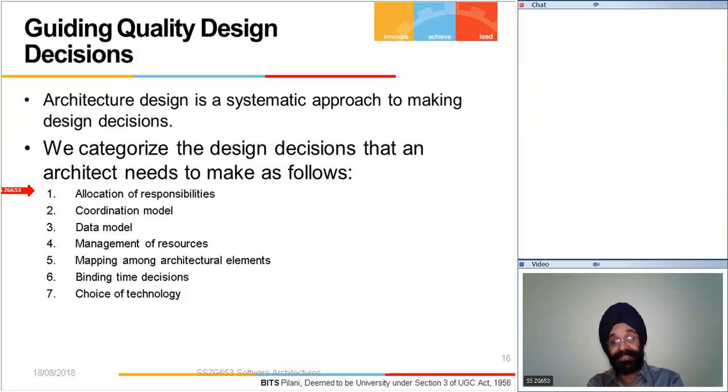Okay? There's a person who's asked, and this question had come last time also, and then somebody had said, sorry, he was talking about another course where the faculty had promised that the course handout will get updated. We are studying software architecture in this course, and I have not promised any updated handout. The handout you've got is the course handout. Does it satisfy your question, or is there some clarification you'd like to give? I'm not mentioning your name.